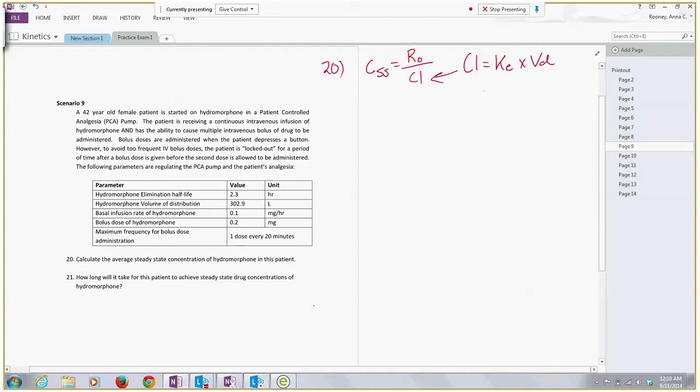But we don't have Ke, so we have to find Ke from T half-life, which is ln of 2 over T half-life. So first off, we're going to find Ke because that's the first one that we have to do in order to find clearance, in order to find our concentration steady state.